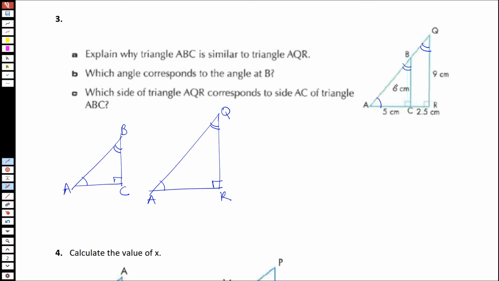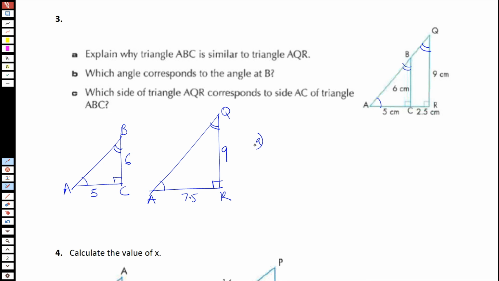we can now plug in the lengths. So basically, AC is 5 centimeters, AR is 7.5, BC is 6, and then QR is 9. The first part is explain why triangle ABC is similar to that.